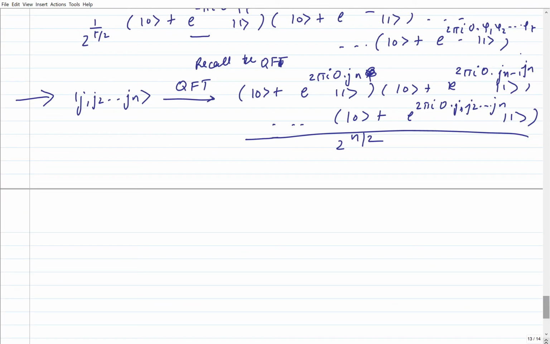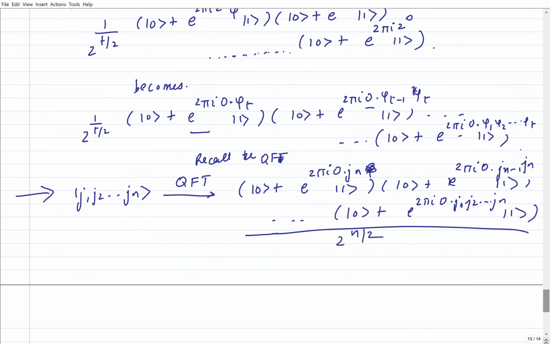So just stare at these two expressions. If this guy gives this guy, then the inverse operation, the inverse Fourier transform, is going to give me this back again.